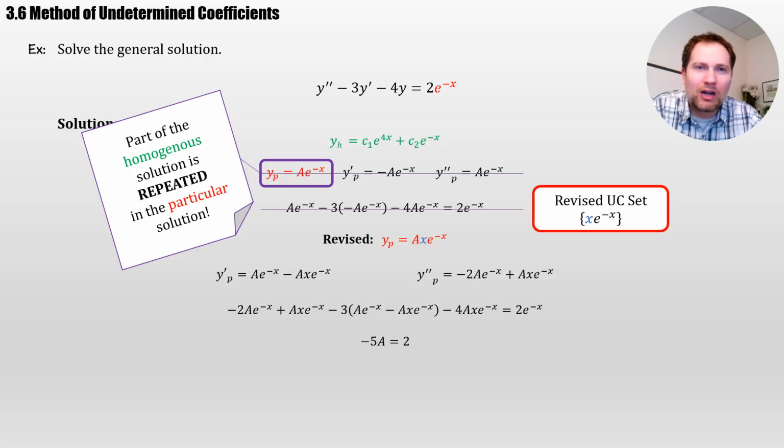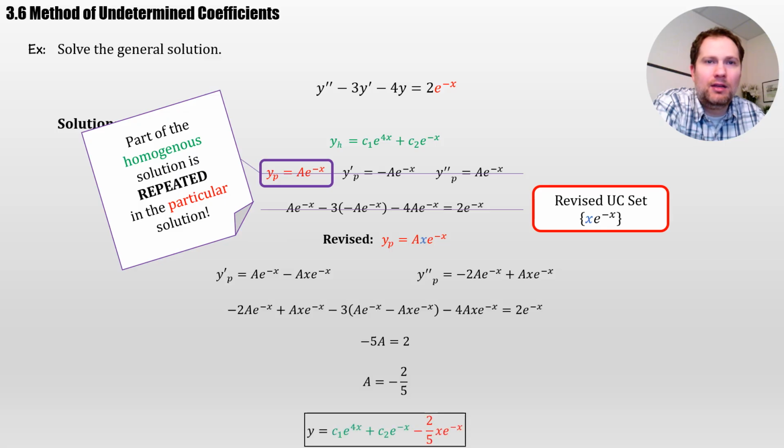I'm looking for things that are not x e to the negative x, but things that have an e to the negative x. So here, I'll highlight those real quick. We're looking for this guy right here. This guy right here, negative 3a will be what that is. And that's it, right? Just those two. Solving for a gives that, and we're done.